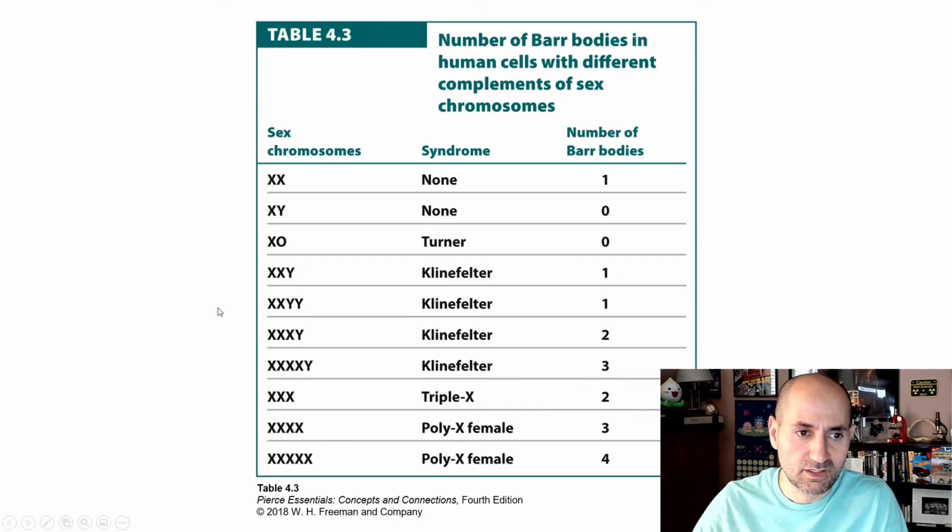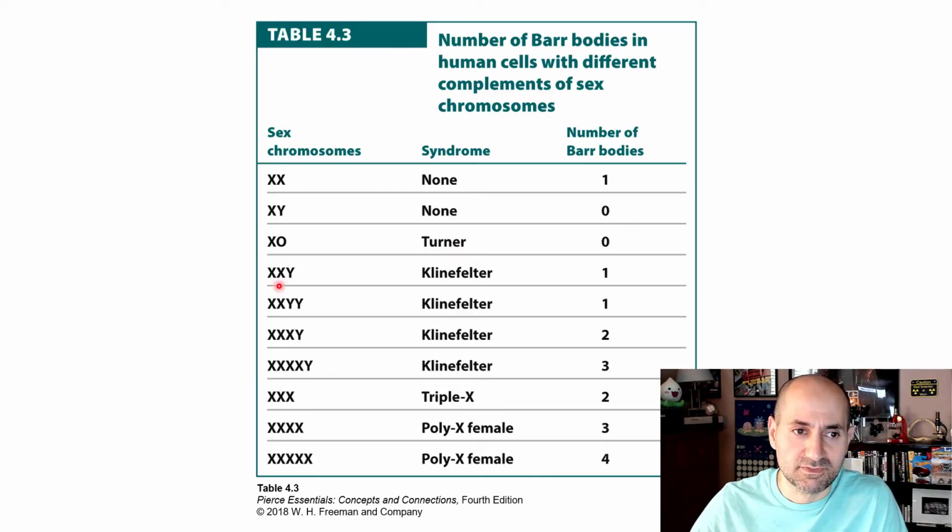So it doesn't matter how many X chromosomes you have, all but one becomes a Barr body. All but one gets inactivated. So let's look at this. If you have two X chromosomes, this is your female, no syndrome, and you have one Barr body. If you're a male, no syndrome, no Barr bodies. If you've got Turner syndrome, you've got 0 Barr bodies.